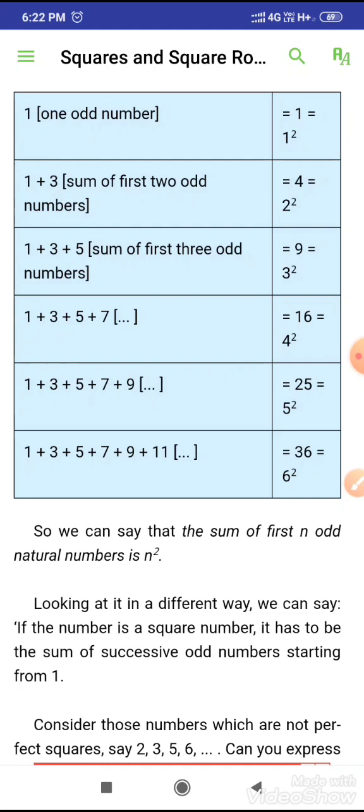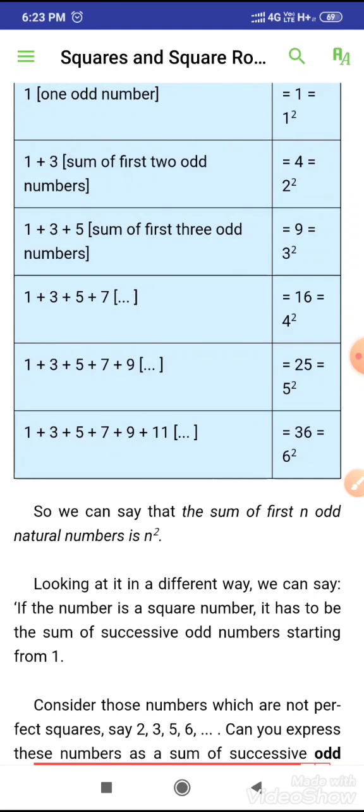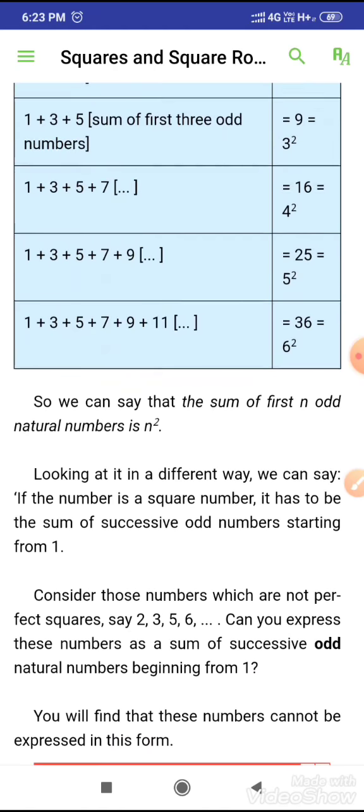In the fourth row, 1 plus 3 plus 5 plus 7, the sum of the first 4 odd numbers is 16 and you can write it as 4 square. So you can say that the sum of the first n odd natural numbers is equal to n square.